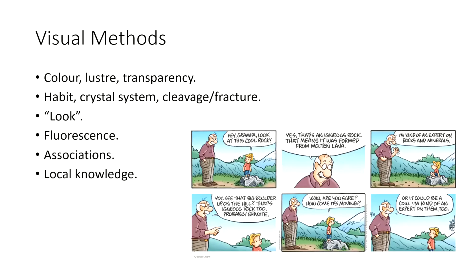There's a particular look that some specimens have, and I'm one of the people that has a good memory for having seen things before in the mineral world. I can look at something and say, I think that looks like something I've seen before, and I can compartmentalize that and try and bring out what I've seen.